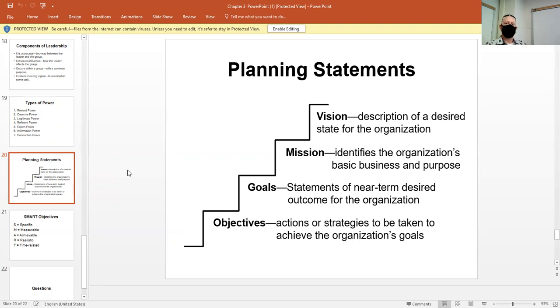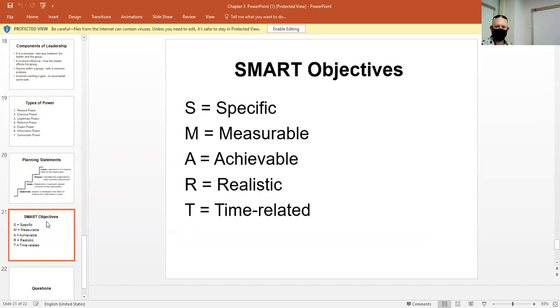So objectives are small things that we know are reachable, that are doable for our employees to do to meet the goals. So objectives are things that we're going to do to help us get there.